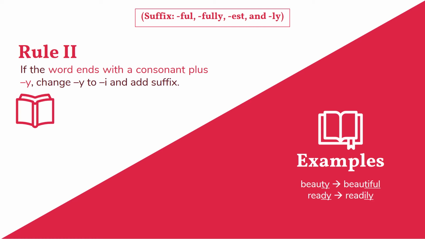Next, ready, readily. Here also the word ends with Y, consonant D, and we have changed Y to I and then added the suffix ly to make readily. Pretty, prettiest. Here also with Y there is a consonant T, and to add the suffix est we have removed Y and replaced it with I, then suffix est.